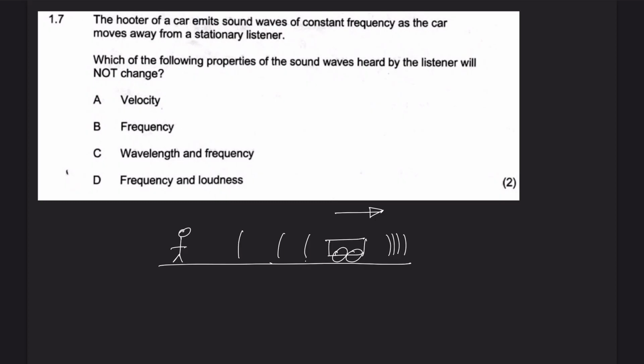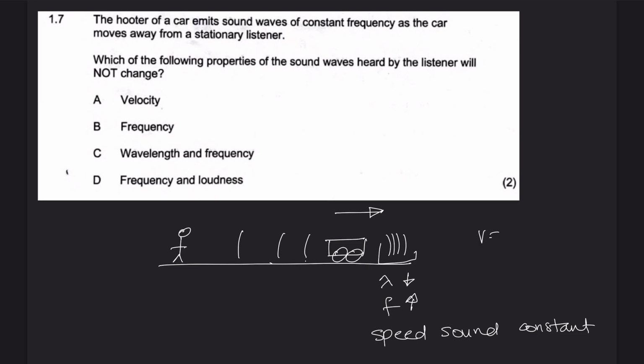So that's why we say that there's an apparent change in the frequency. Because remember what happens here. Here we can say that the wavelength has decreased. And since the wavelength decreases, the frequency increases because the speed of sound is constant.